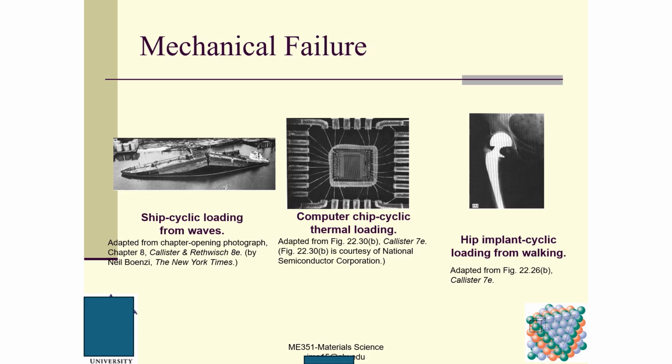We know that in the ocean we have waves, cyclic and periodic, and as a result the ships will experience cyclic loading as time goes, and a ship that experienced the cyclic loading can break suddenly.